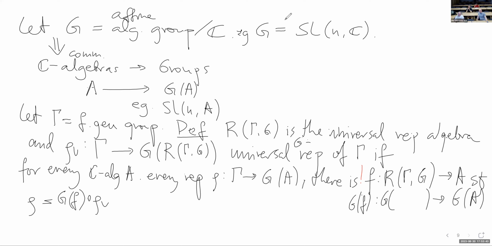So this is just the definition, but now there will be a theorem which says that for every gamma and every G there are such things. In category theory it is like an initial object or a terminal object.